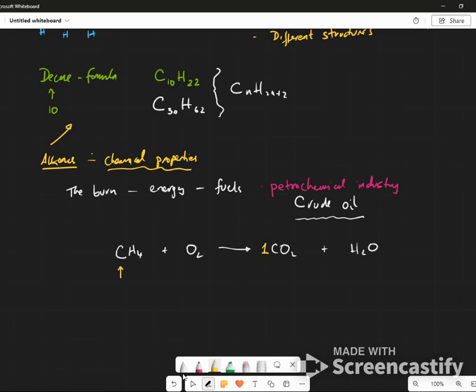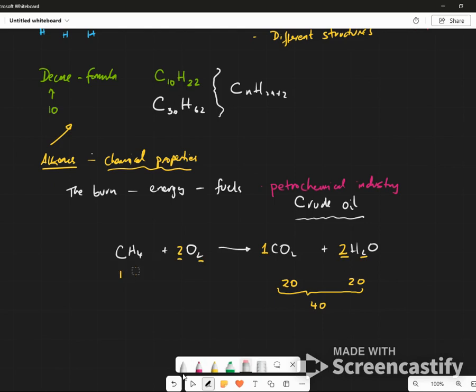There's 4 hydrogens there, so there must be a 2 there, because 2 times 2 is 4. Then on the right-hand side, there's 2 oxygens and 2 oxygens, so 4 oxygens. So this must be a 2, because 2 times 2 is 4. And that's the balanced equation for methane.